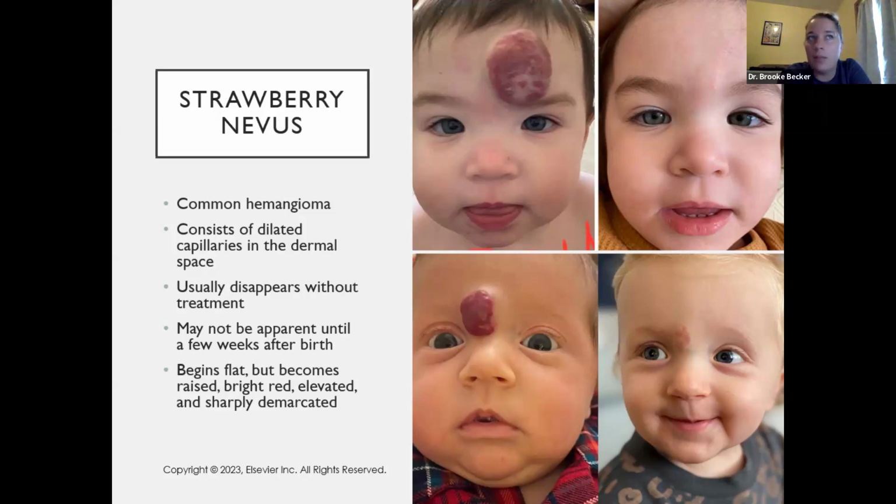Sometimes you see newborns and you don't see a hemangioma on them at all, or you might see something like this picture, a little bruising or a little strawberry mark. And then they come back and it's much larger.